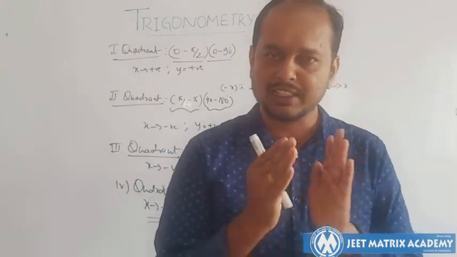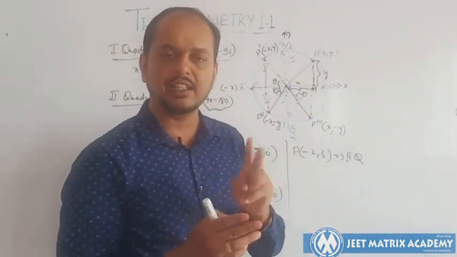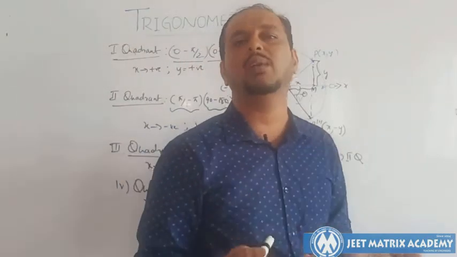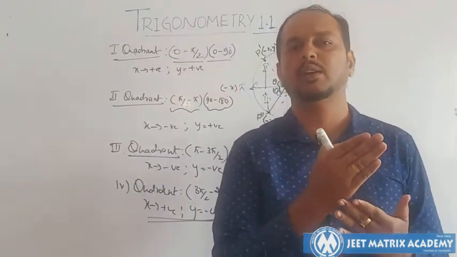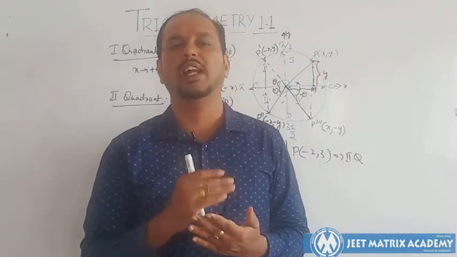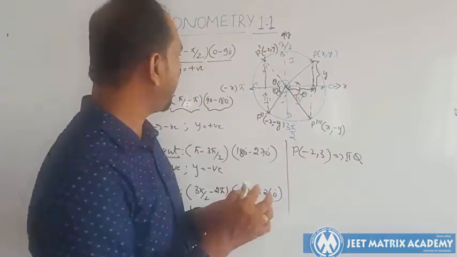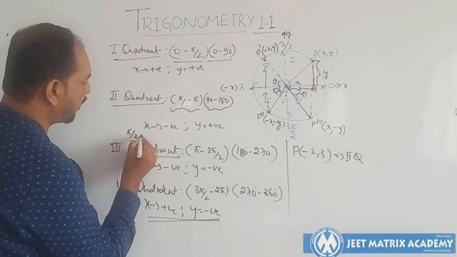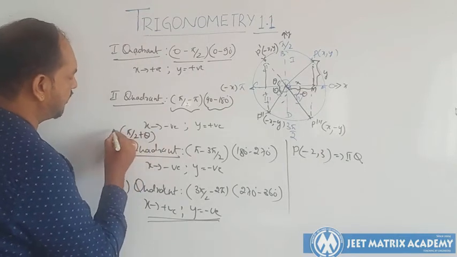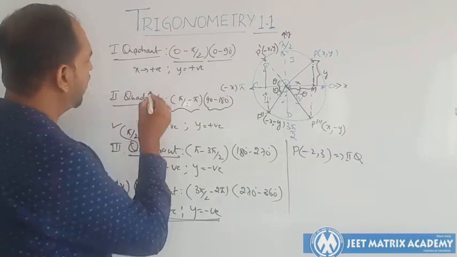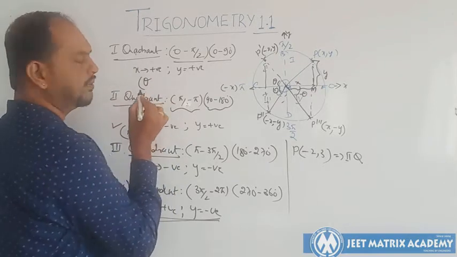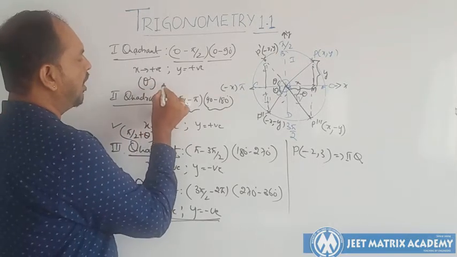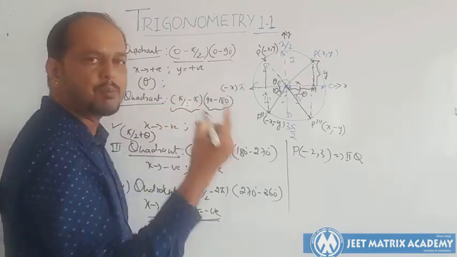If you want to represent second quadrant angles, you can directly say 120 degrees, above 90 and below 180. This also you can say like pi by 2 plus theta. This is one. Here you can directly say theta. Or you could say one more method in the first quadrant.